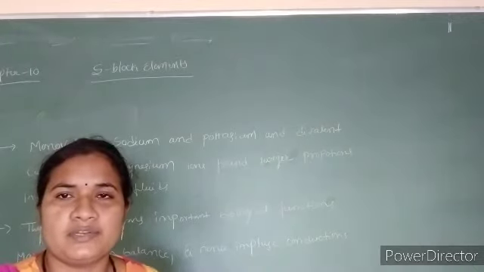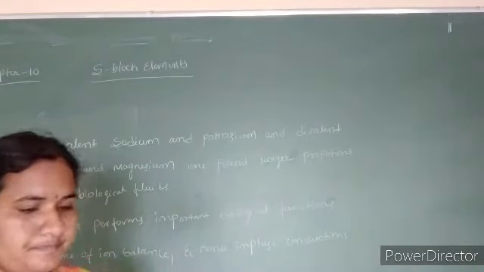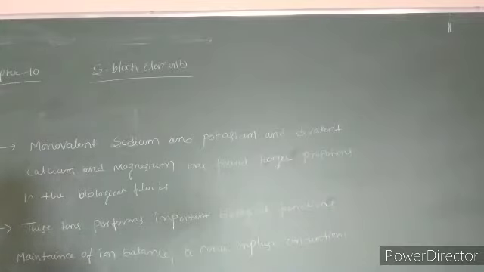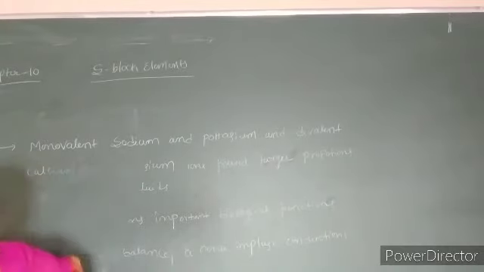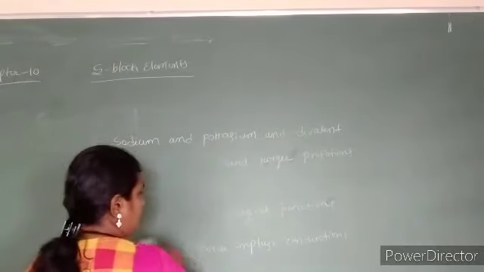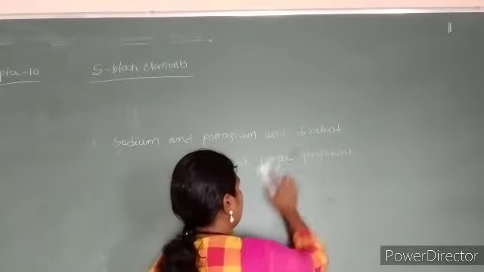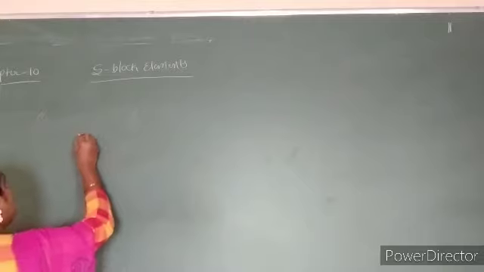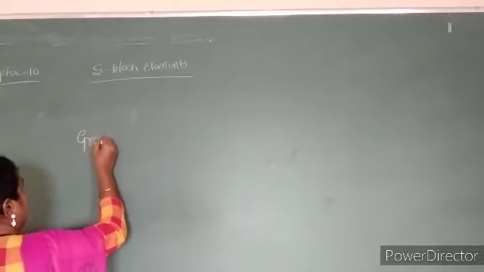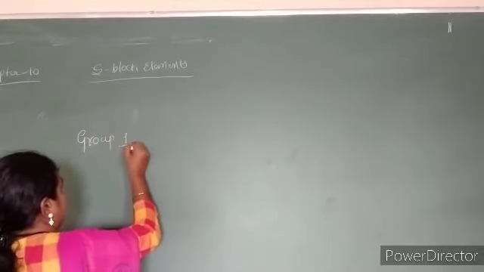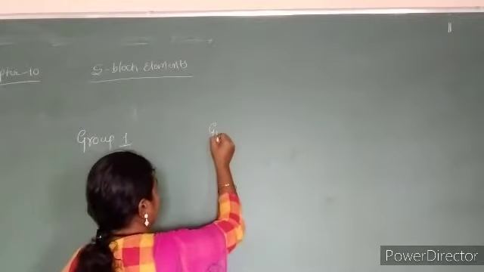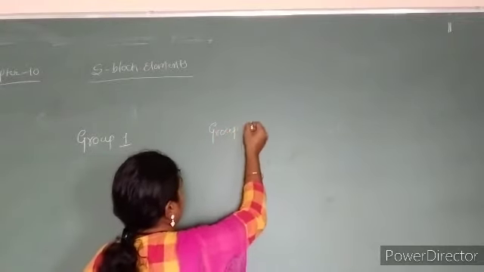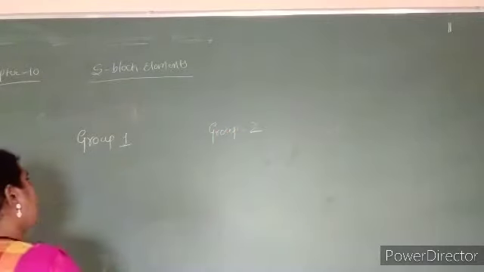So alkali metals include lithium, sodium, potassium, rubidium, cesium and francium. The s block elements are only two groups: group 1 and group 2.